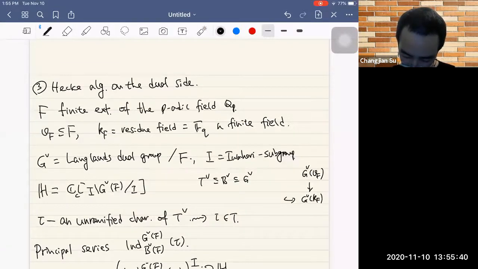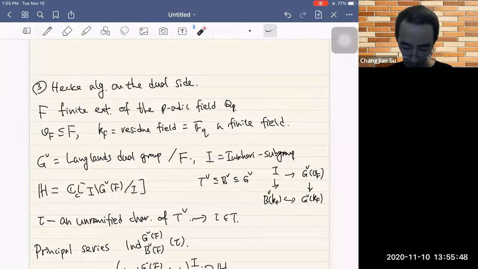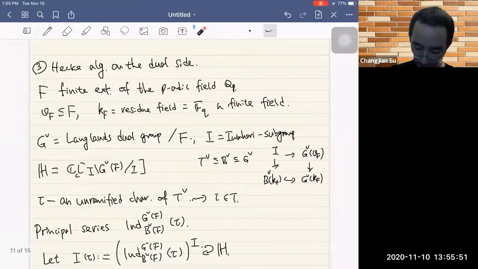And then here we have this Borel subgroup, and then the inverse image is this Iwahori subgroup. And then you can consider compactly supported functions on the F points of the dual group, and we also require they are left and right invariant under this Iwahori subgroup.